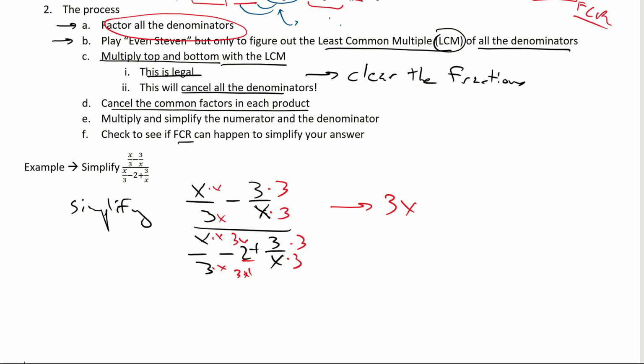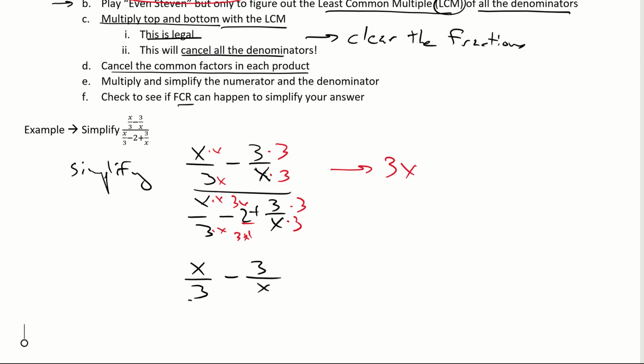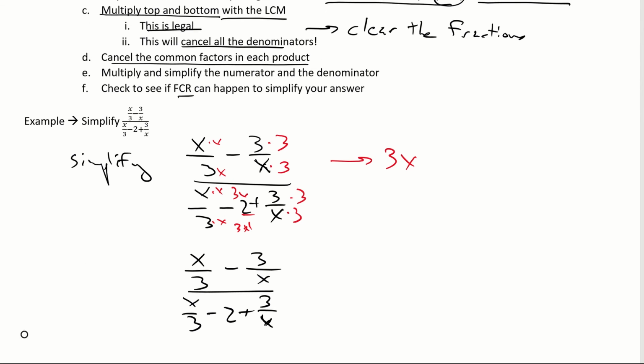So if you don't mind, I'm going to rewrite this: it's x over 3 minus 3 over x, over x over 3 minus 2 plus 3 over x. I'm hoping to draw your attention to the fact that another way to look at this, instead of playing even Steven, is, what if we just play like I want to kill off all the denominators? That's another way to look at it.